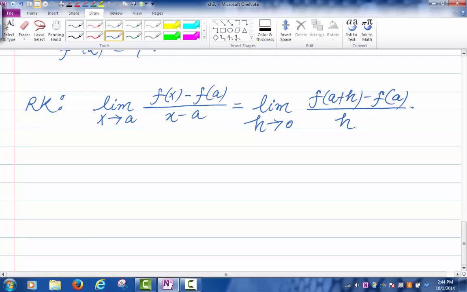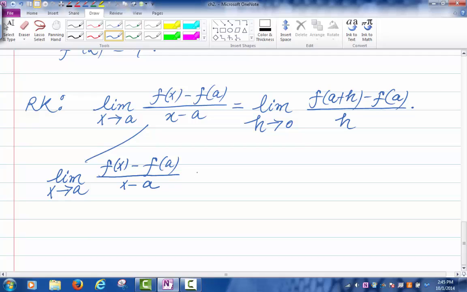How? Let's see. I am going to start with the left hand side, okay? And in the left hand side I am going to plug in x minus a equals h. So here's the left hand side: the limit of f of x minus f of a over x minus a.